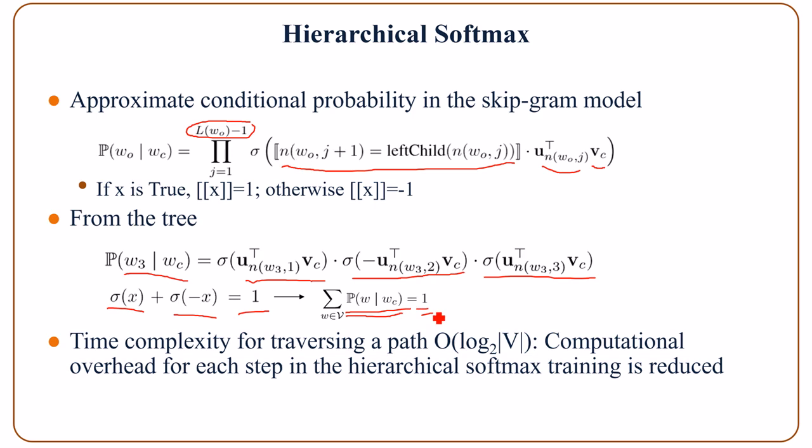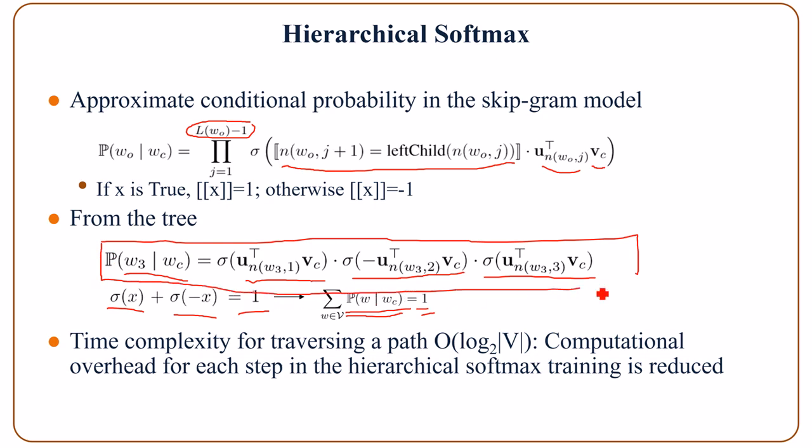We can see that easily in a special case. If we have just 2 words in the list, then we have this for the probability of W3 given WC, and we can easily write P of W4 given WC, which is very much similar, except this side is positive.